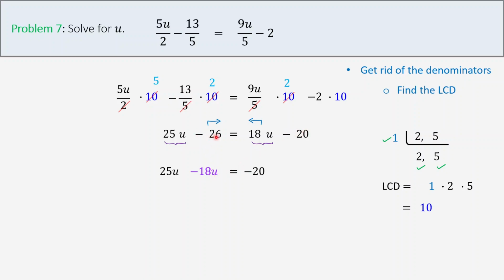This is negative 26, so you need to add positive 26. Now 25u minus 18u is 7u is equal to negative 20 plus 26 is 6. Now divide 7 both sides. You get u. So u is equal to 6 divided by 7. This is the solution.